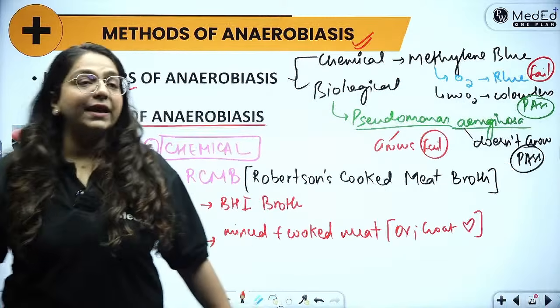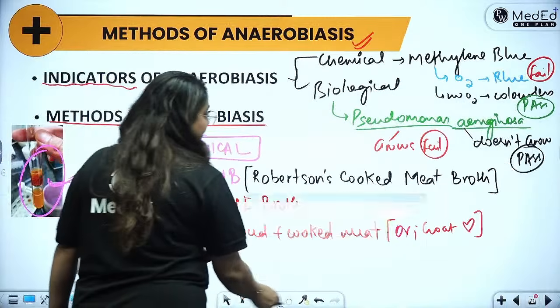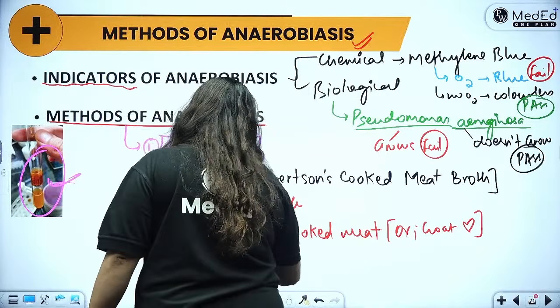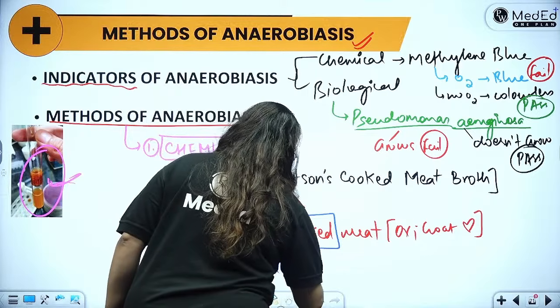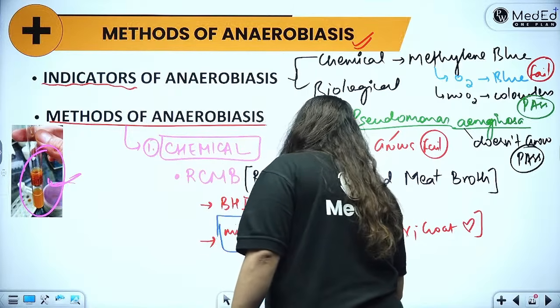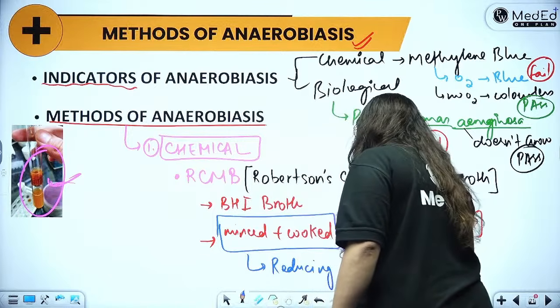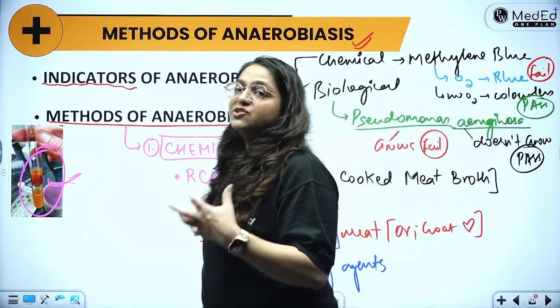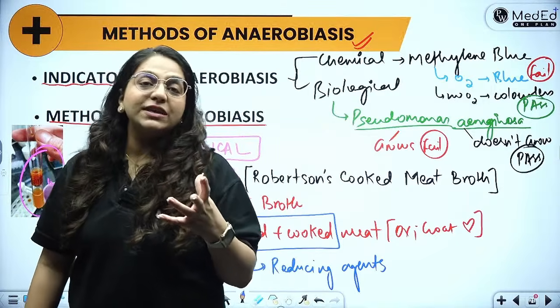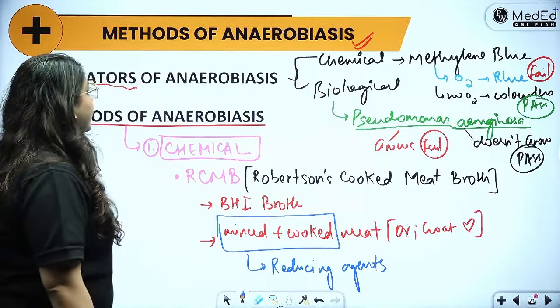Why is it cooked and minced? Because cooking and mincing is going to lead to release of lots of reducing agents. So the reason by which these chemicals help me achieve anaerobic environments is these reducing agents. What do these reducing agents do? They reduce the redox potential.